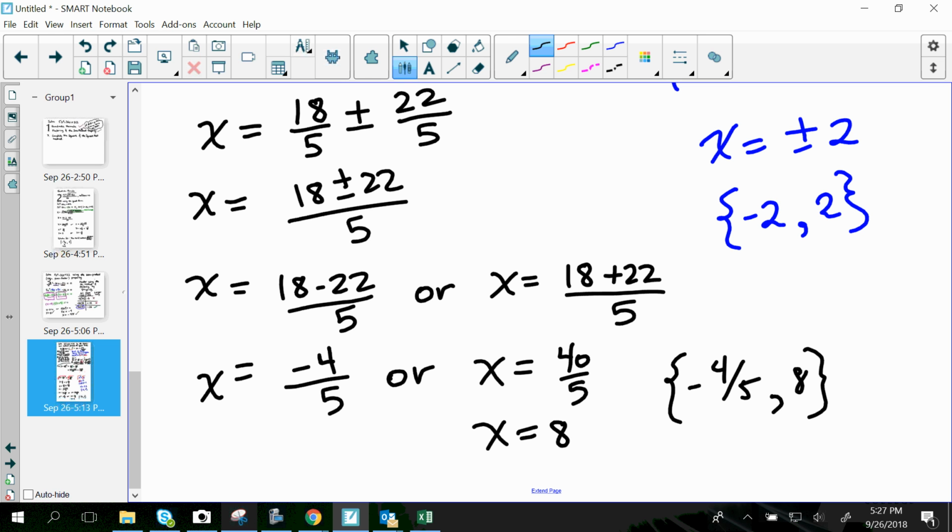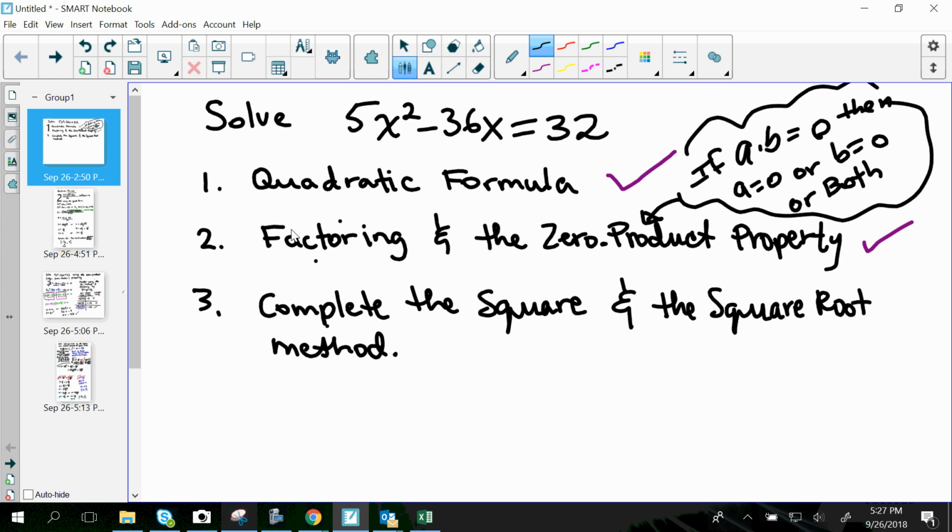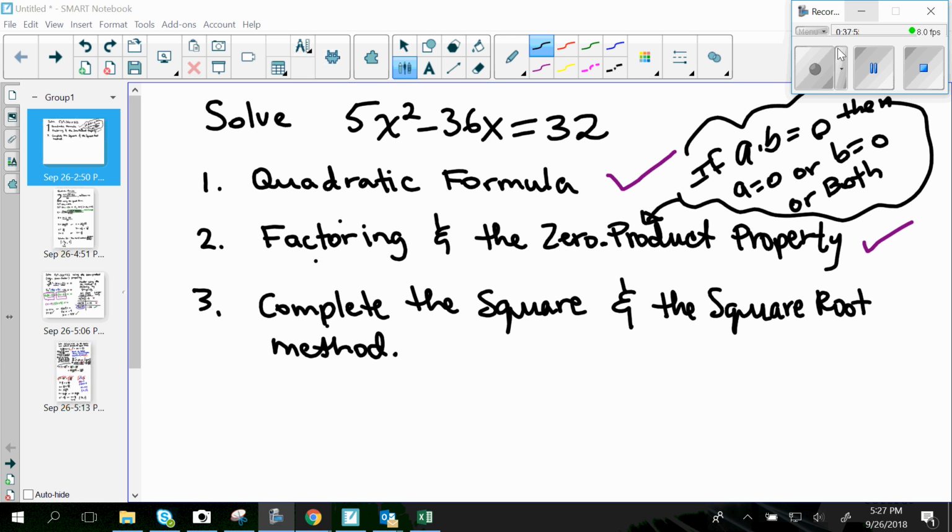So that's how you solve any quadratic equation using each of these three methods. So let's see, how long did that take? With me explaining it, it took almost 40 minutes, close to 40 minutes.